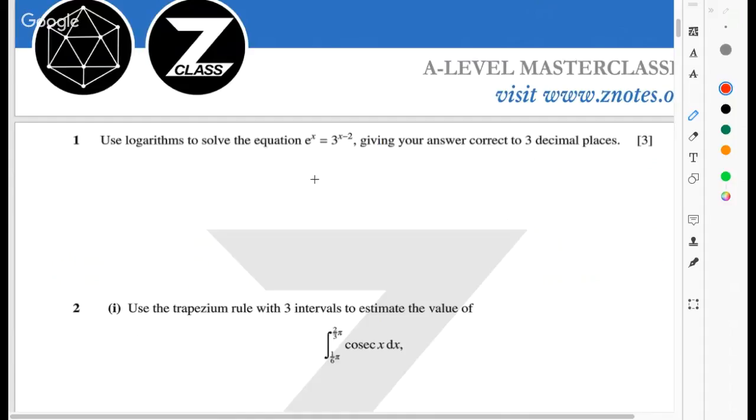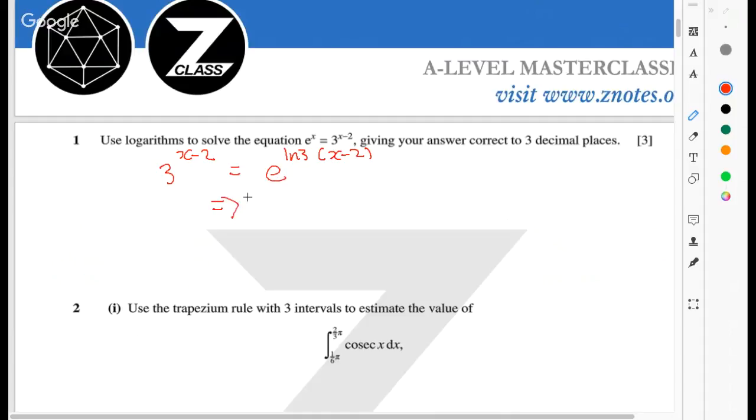For example, question 1 is really just using the relationship that 3 to the power of x minus 2 is equal to e to the power of ln 3, which is the definition of logarithm, times x minus 2. Once you've spotted that, it's really a linear equation.